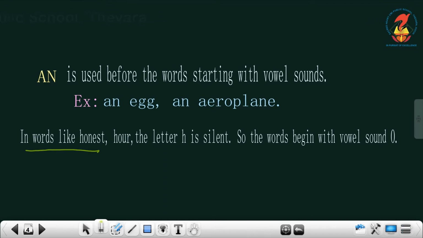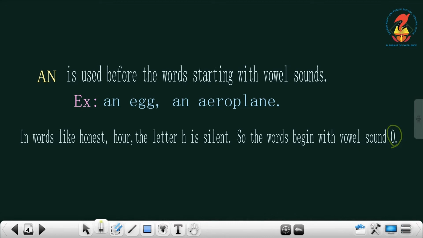In words like honest, the letter H is silent. So, the word begins with the vowel sound O. Understood?